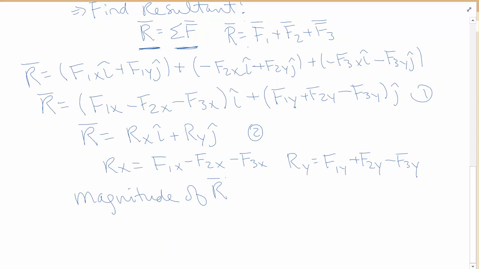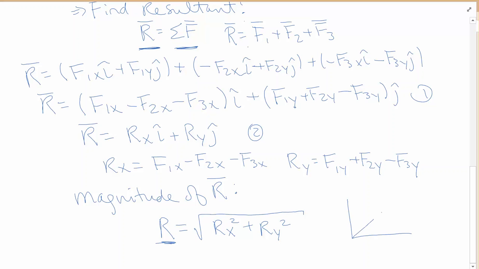And the magnitude of R will be calculated by saying that R is equal to the square root of Rx squared plus Ry squared. And notice there is no bar on top of this R. That indicates there is no direction. It's just going to be one number. Okay. And this is how we would calculate the magnitude.